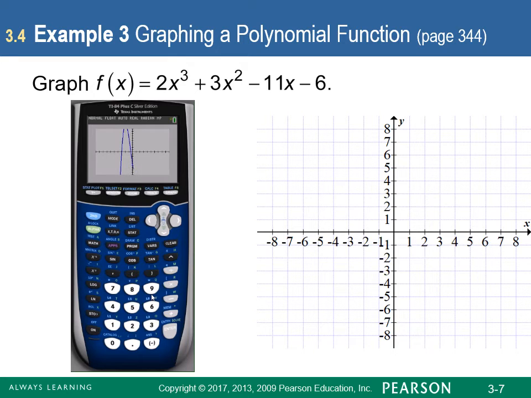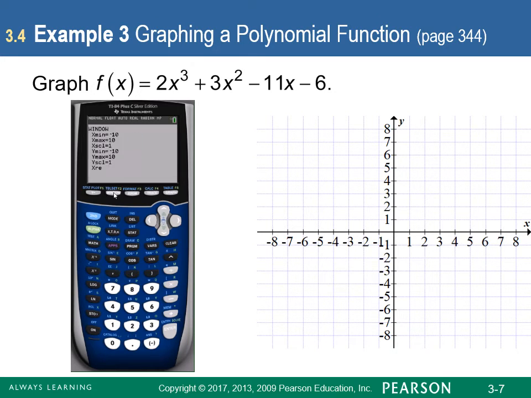Now we know basically what this graph should look like. It should have the right side going up and the left side going down, which this one does. We do, however, just need a little bit of adjusting in the window so that we can see the top peak and the bottom peak.